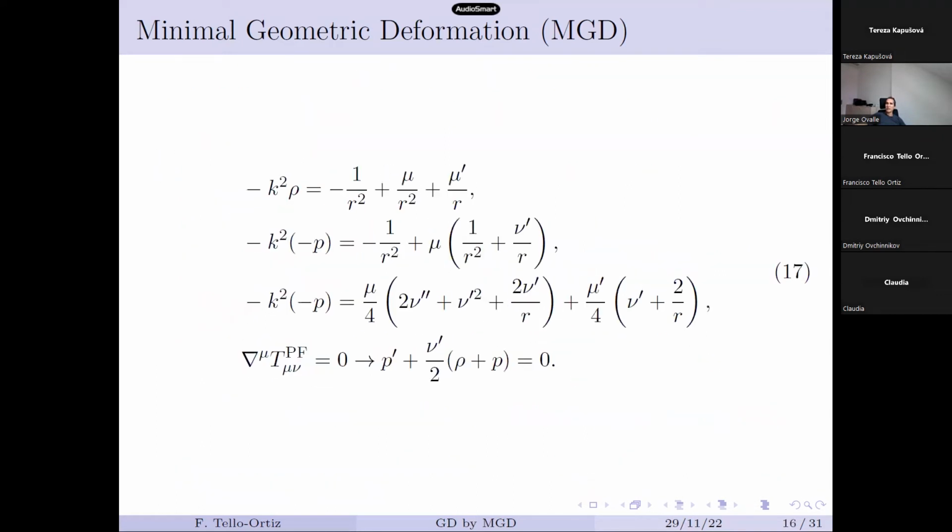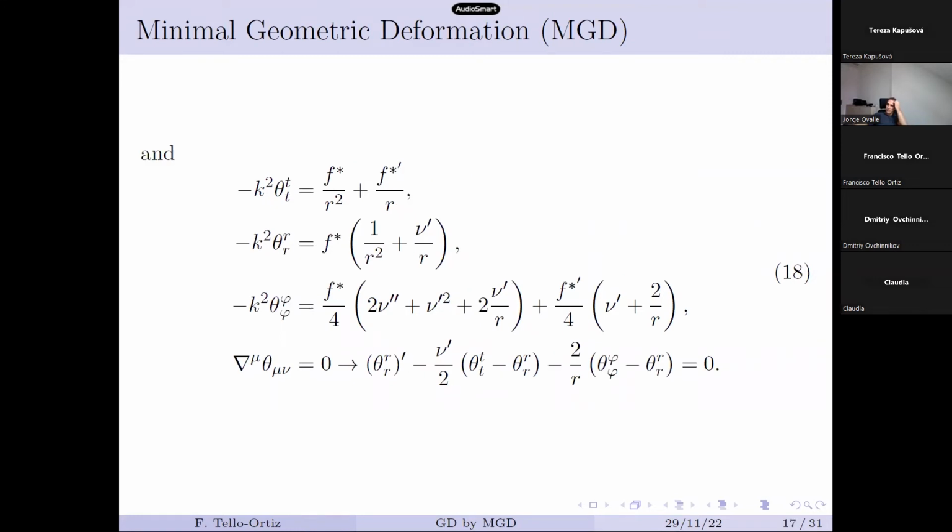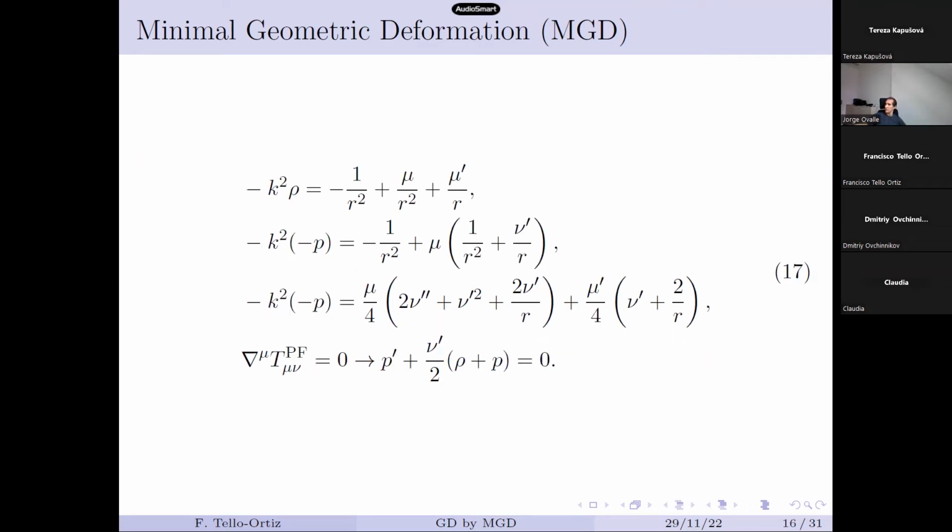Let us see. Here, in this equation for the density, you have these three terms, okay? The same is happening in the second equation. If you compare these three equations with these three equations, you can see that this equation has a missing term. And this missing term is just -1/r².